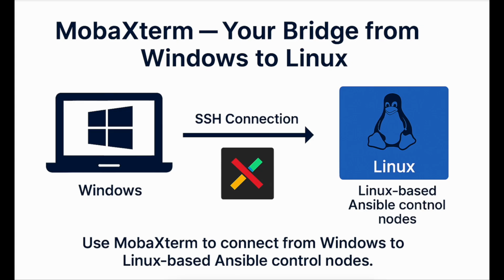It combines a terminal and a file transfer pane in one window. So you can run commands and move files quickly. It's especially helpful if your control node is a Linux VM or an AWS EC2 instance, but you are working from a Windows machine.